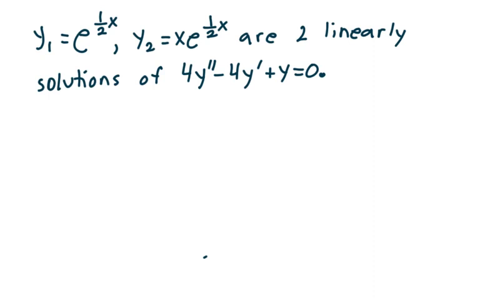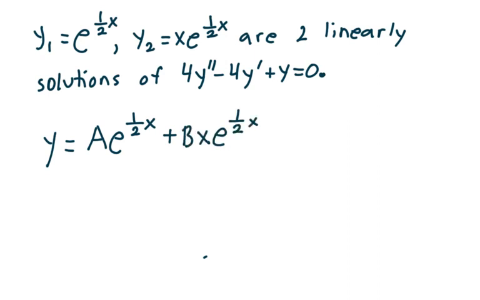So once we have our two linearly independent solutions, we can write our general solution. It's going to be a linear combination of y1 and y2. So in other words, y equals ae to the 1/2 x plus bx e to the 1/2 x.